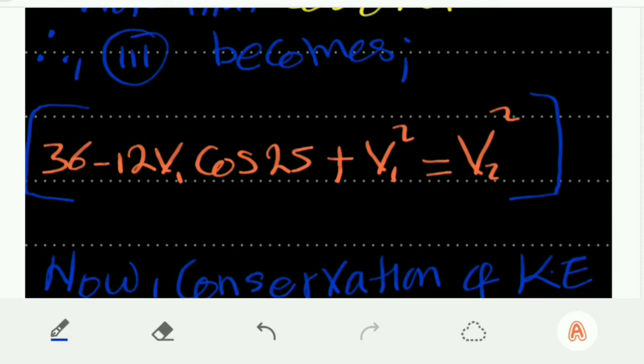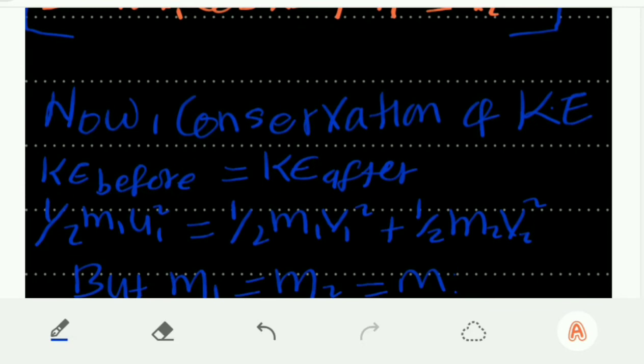After reaching here, we pause and see how the energy is changing for this system. For the energy change, the kinetic energy before should be equal to the kinetic energy after. For the second ball, the kinetic energy before is obviously 0 because it was at rest.